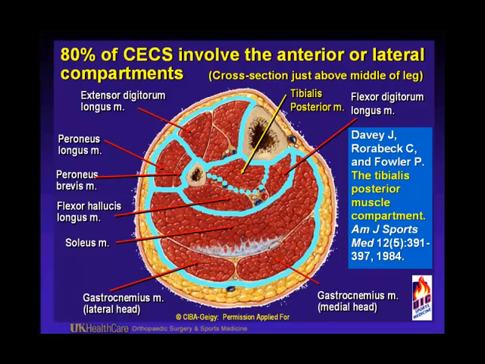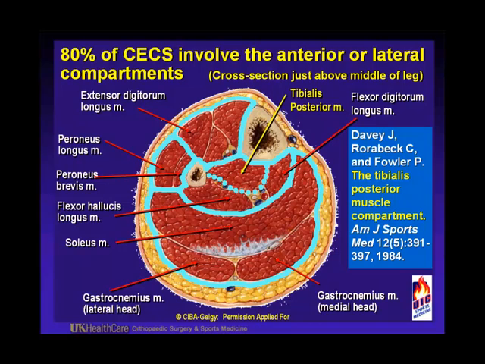80% of compartment syndromes involve the anterior or lateral compartments. It is much more successful surgically to release those compartments than the posterior compartments in a chronic exertional compartment syndrome problem. Obviously, with a fracture, you'll release them all.